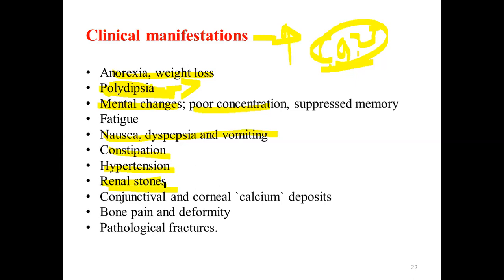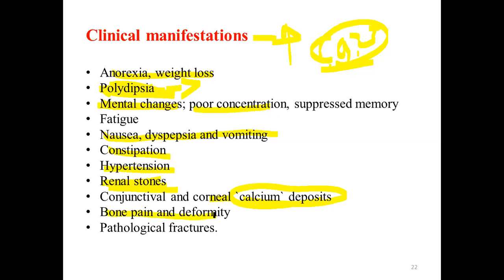Then this calcium can form deposits in soft tissues, mainly in the conjunctiva and cornea. It can even cause cataract or calcium deposits in the conjunctiva and cornea. This ultimately even causes loss of vision, and inflammation in the eye is very common. Then bone pain and deformity.